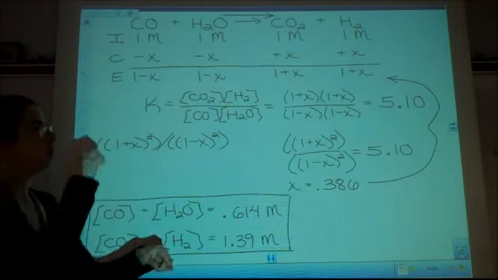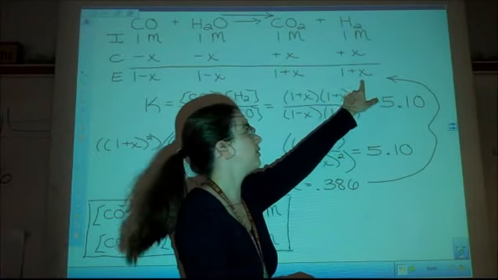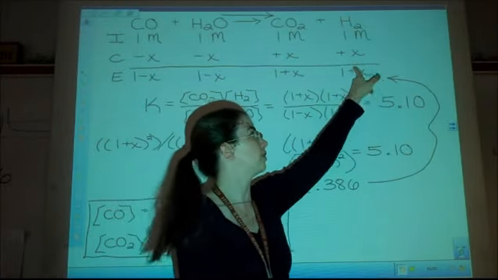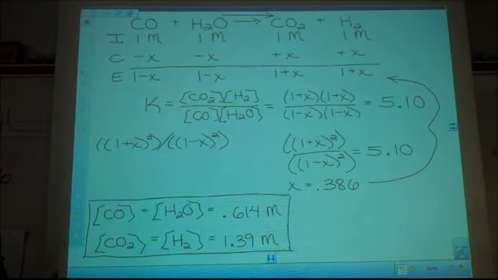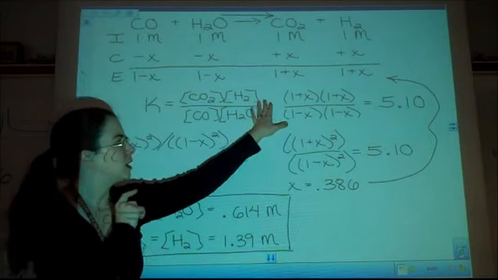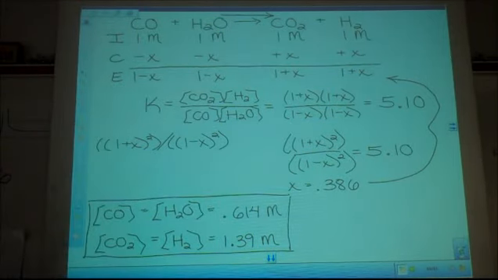Last class, we were given information about one of our components at equilibrium, so I could solve for x very easily. Did we do any graphing last class? No. Nope. Okay. Here, I wasn't given that information. I had to solve for x another way. And then from there, it's the same. Okay?